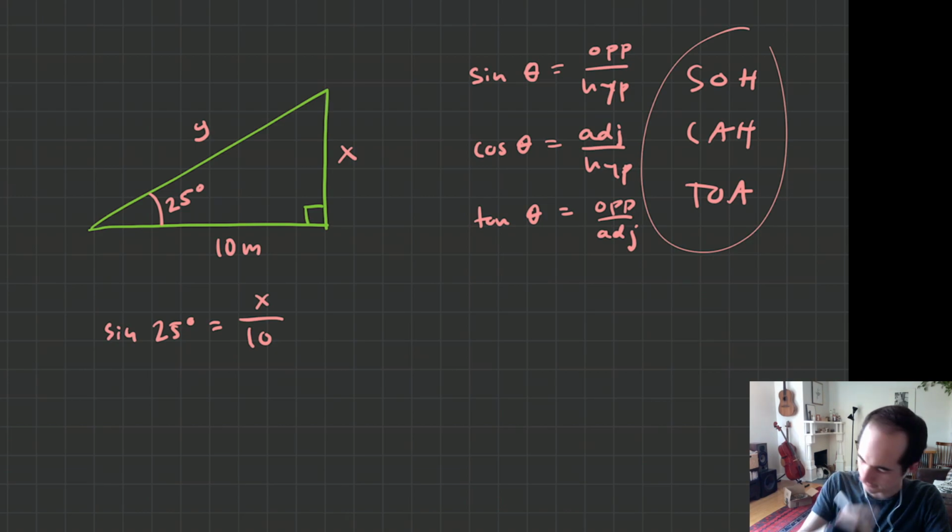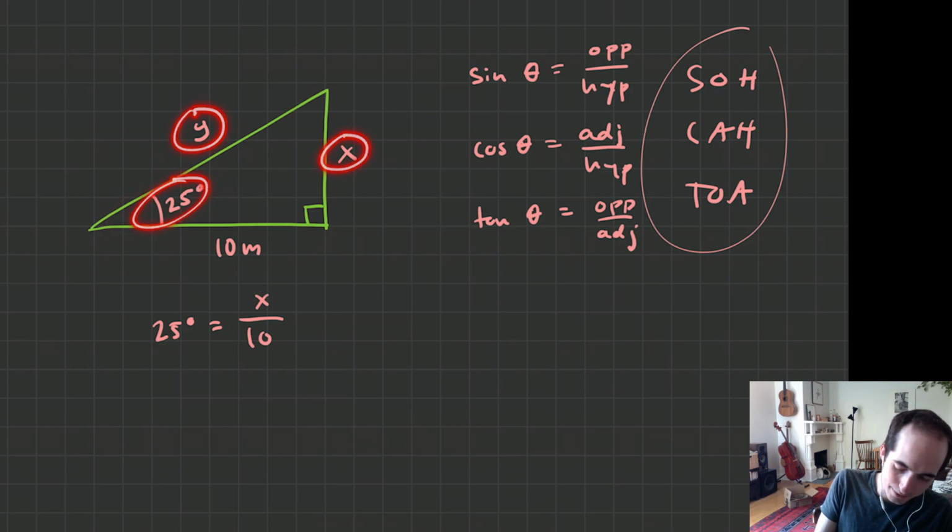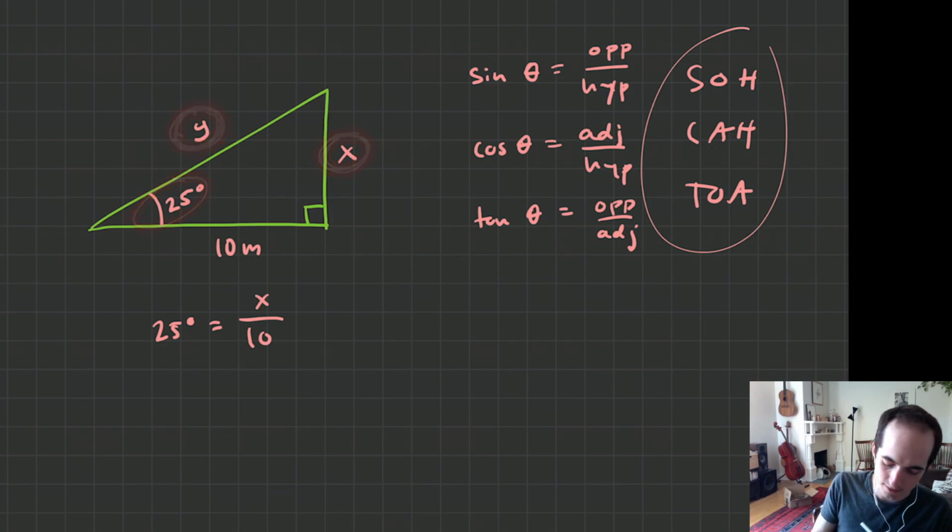Oh my gosh, going too fast. Sorry guys. Okay, sine of 25 is going to be opposite over hypotenuse. But we actually can't do sine yet because we don't know the hypotenuse. Sorry guys, I don't know why I was thinking of sine. This should be adjacent, right?